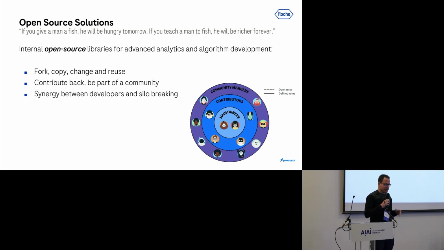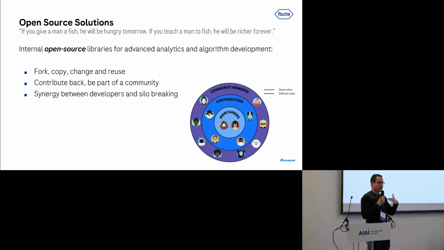So if you give a man a fish, he will be hungry tomorrow. But if you teach a man to fish, he will be richer forever. And with this proverb in mind, we're developing inner source libraries for our advanced user community. Developers are not only permitted to download and reuse the code, but they're encouraged to fork it, use it wherever they want, copy it, and basically take it away from us. We encourage them to contribute back to our source code and to our community.